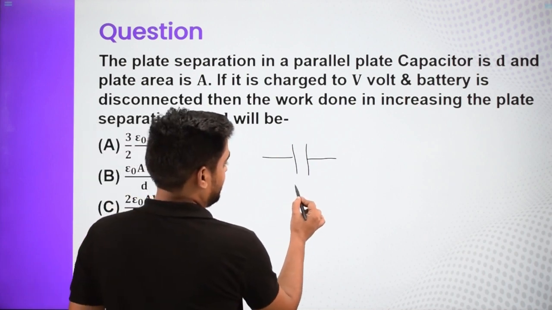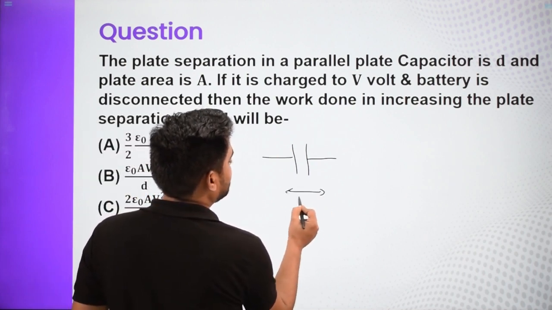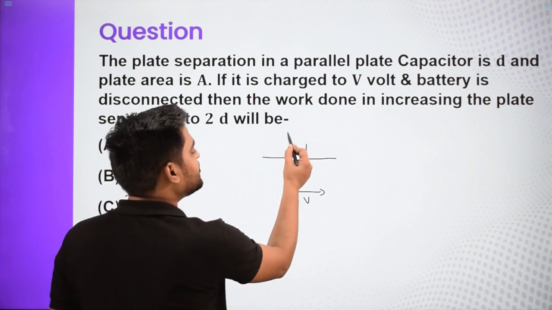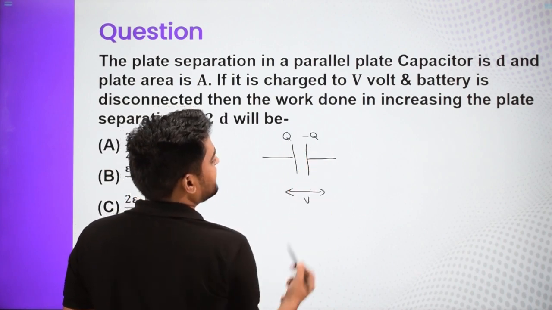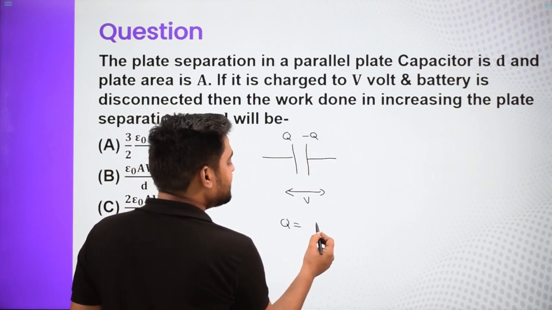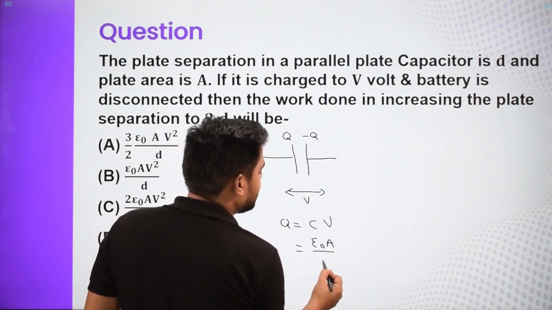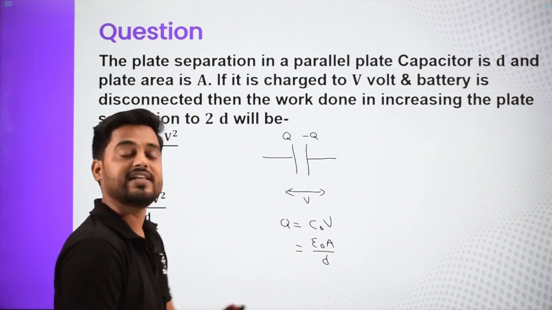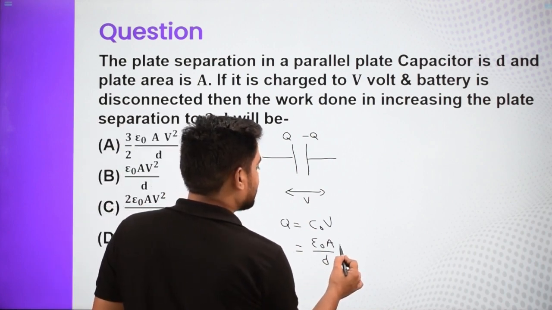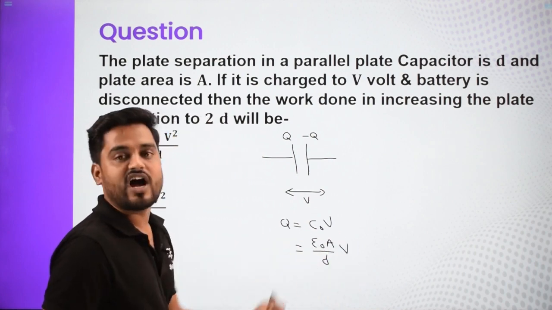When we have already charged to V volt, what will happen? This plate will get a charge Q, and this will get a charge minus Q, and that Q will be nothing but CV. What is C? C is nothing but epsilon naught A by D. So this is like the old or original capacitance into V. This is my charge on each plate.